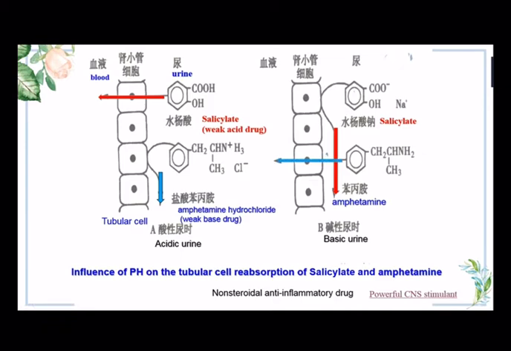So, when salicylate is overdosed and causes toxic effects, we should basify the urine to accelerate the drug's excretion. When amphetamine is overdosed and causes toxic effects, we should acidify the urine to accelerate the drug to be excreted.